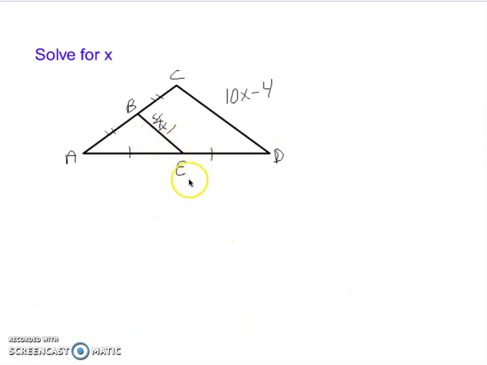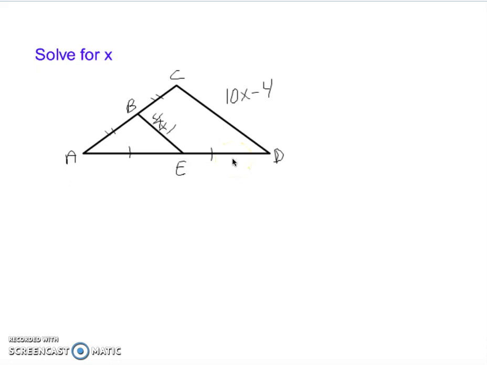You'll get some examples where you have to do algebra too. Segment BE would be considered my midsegment. B is in the middle of this side, and E is in the middle of this side. There's actually two different ways that I can set this up.